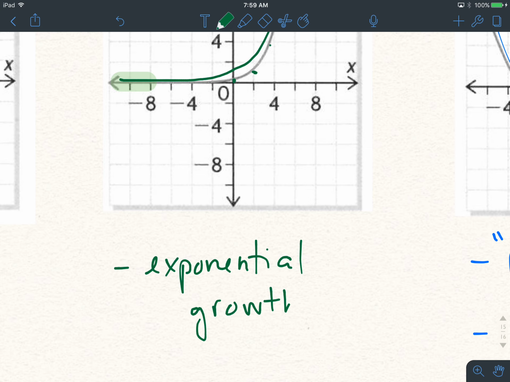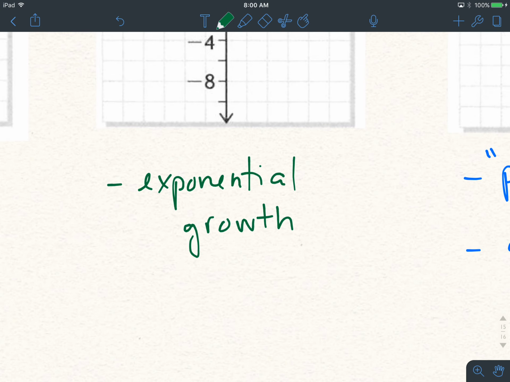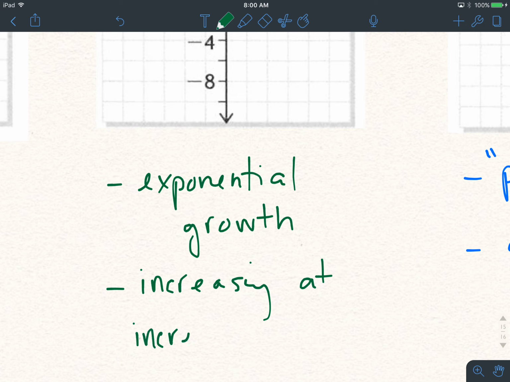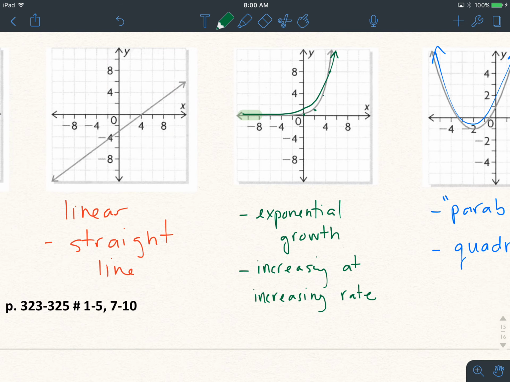So exponential growth, I'll call that increasing at an increasing rate. Because again, it's not increasing at a constant amount like it is with linear, it's increasing at an increasing rate.